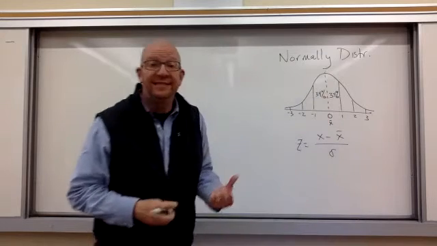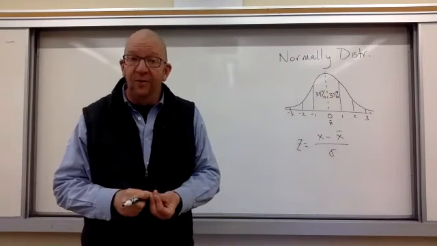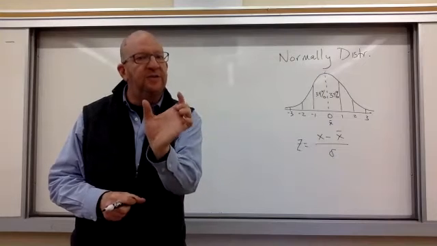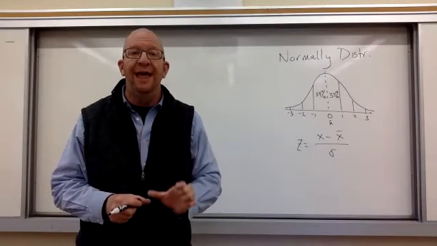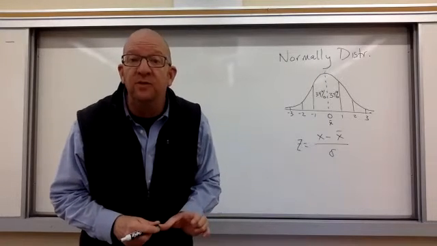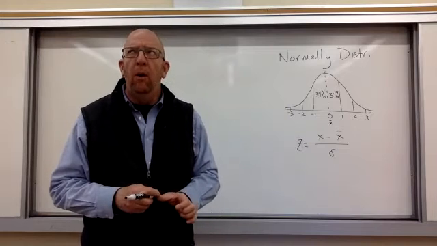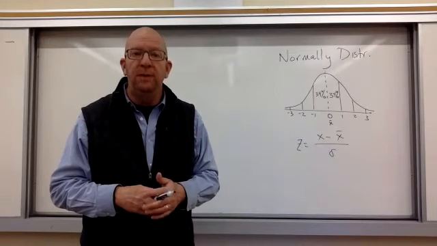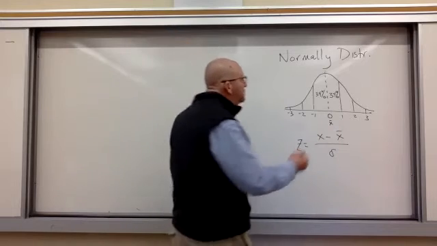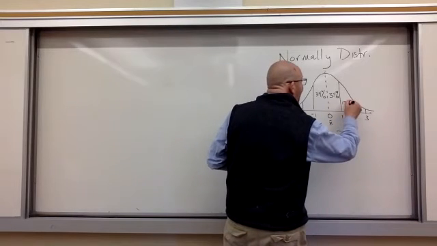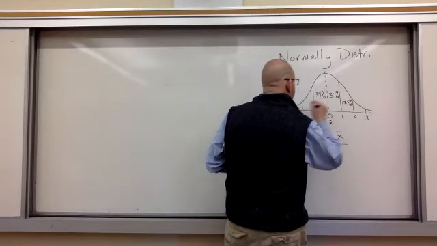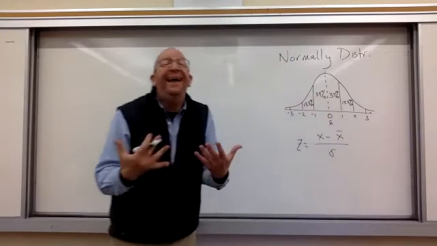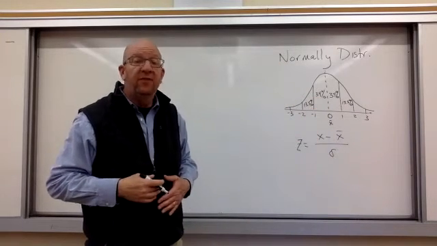Now this follows the 68, 95, 99 rule. 68% of the data is within 1 standard deviation. 95 is within 2. So 95 minus 68 would be 27, so this would be another 13.5%. And then 99% of the data is within 3.